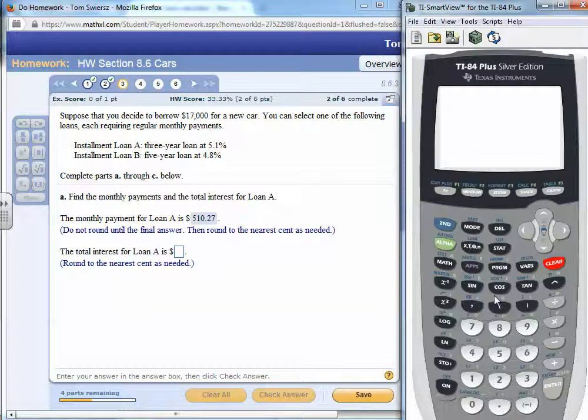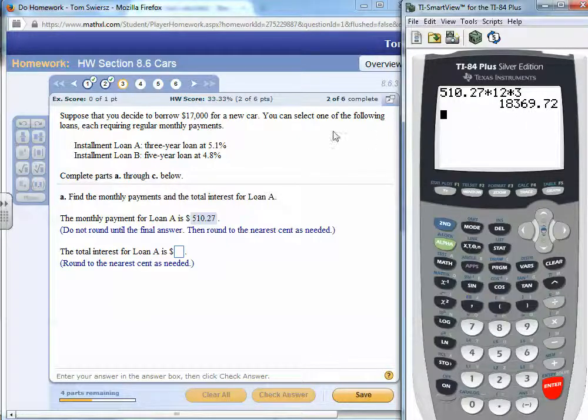So we'll take the 510.27. We paid a monthly payment 12 times a year, and loan A was 3 years, so times 3 for 3 years, and we get a total amount of $18,369.72.